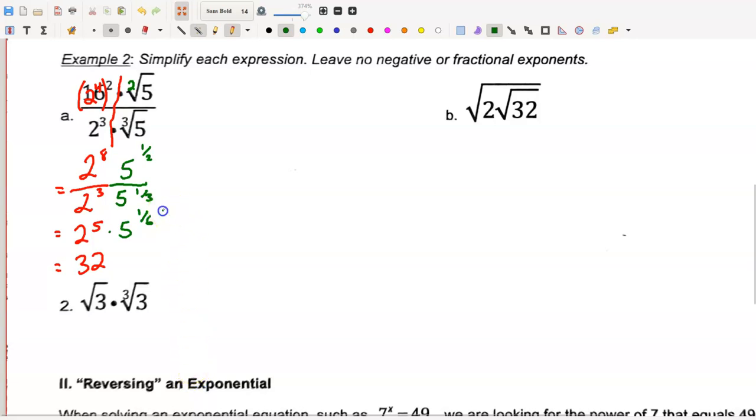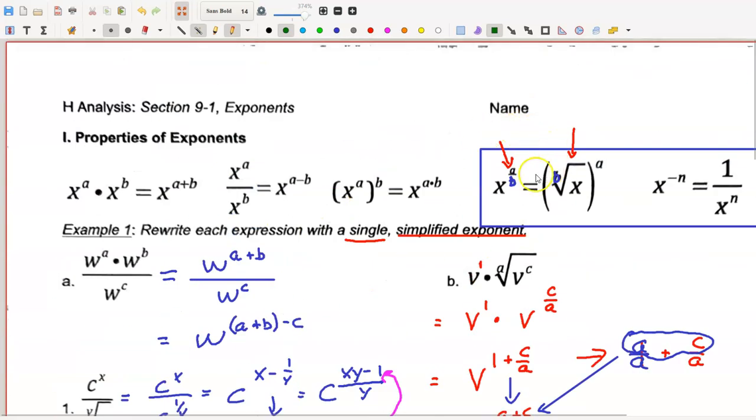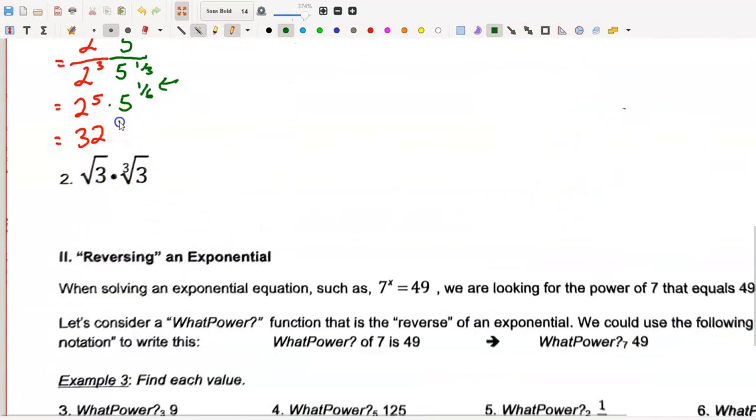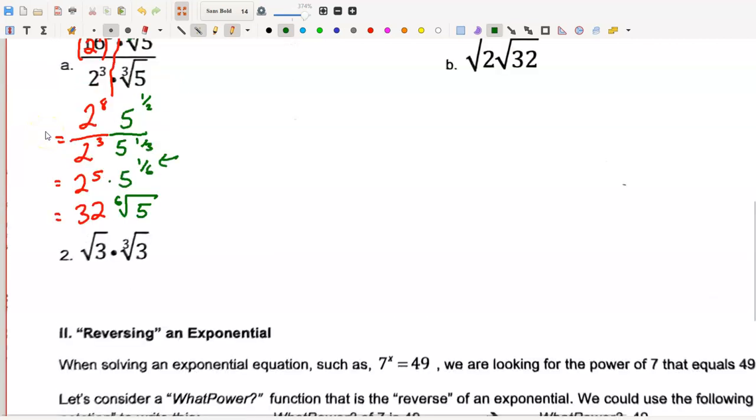And we generally don't want to leave our answer with a fractional exponent. So if you have a fractional exponent, convert it back to the root format. So here we'll have the 6th root of 5. And that would be the final answer. 32, 6th root of 5.